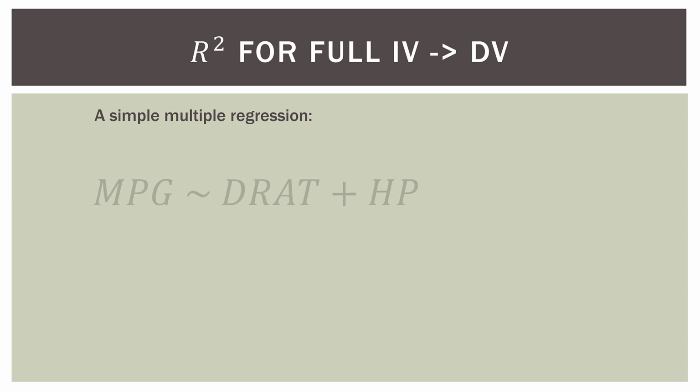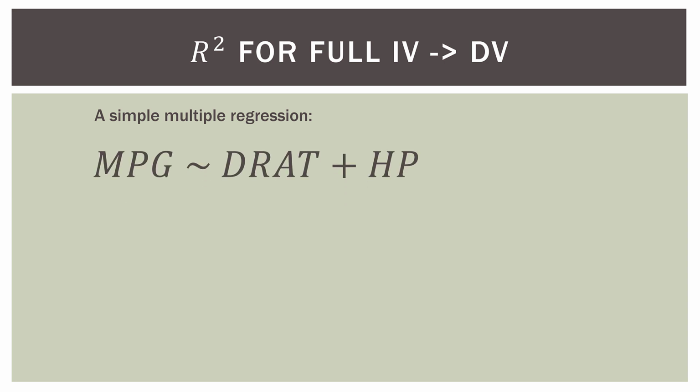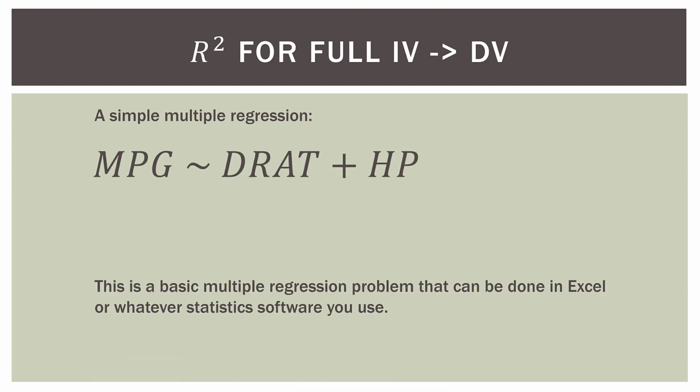And finally for R squared, we run a regression with both of them. So a simple multiple regression where we include DRAT and horsepower. So you can do this in Excel, whatever stat software you have. The R square here is 0.7412. Combined, DRAT and horsepower explain about 74% of the variance in miles per gallon.